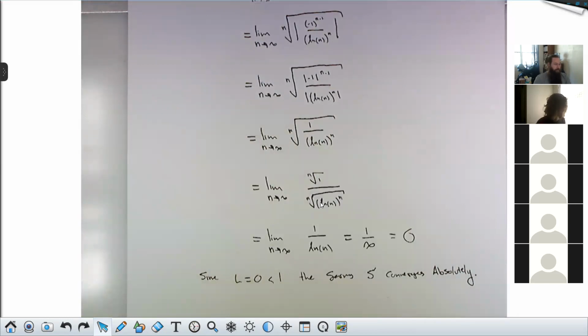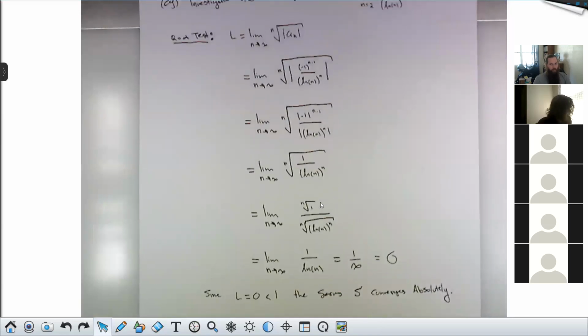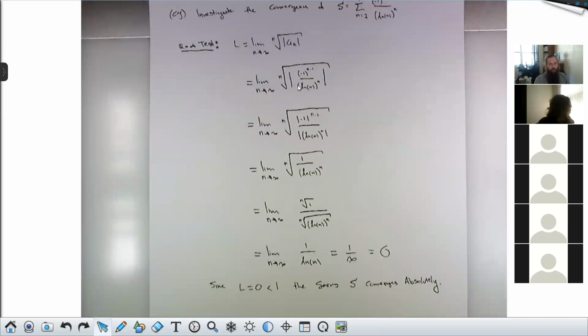A fun fact, if you got rid of the nth power downstairs, if this was just (-1)^n over natural log n, that would still converge. But the convergence there would be conditional. So this nth power here really helps things out. The natural log gets big, and if you raise a big thing to a big power, it gets huge.